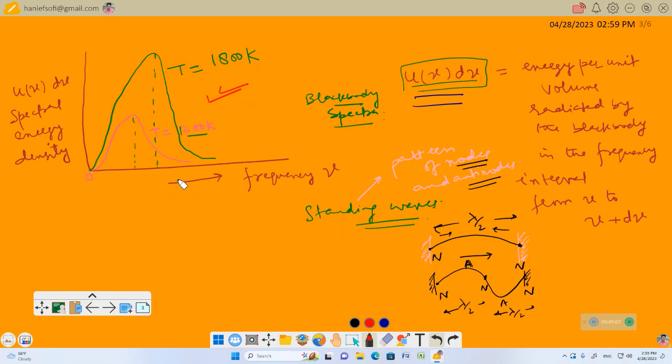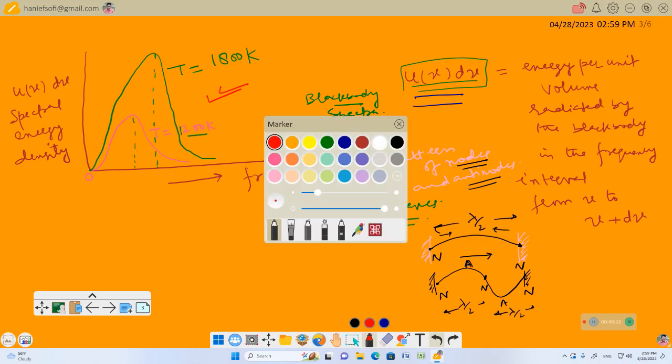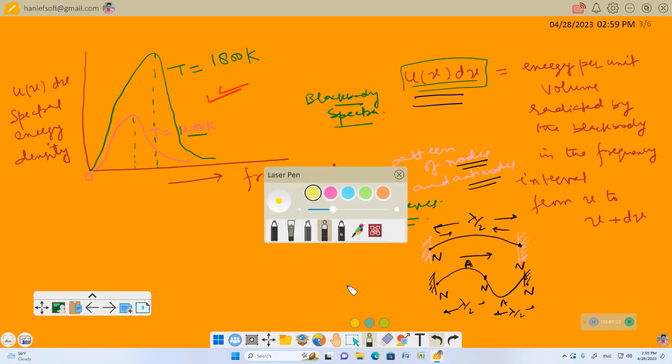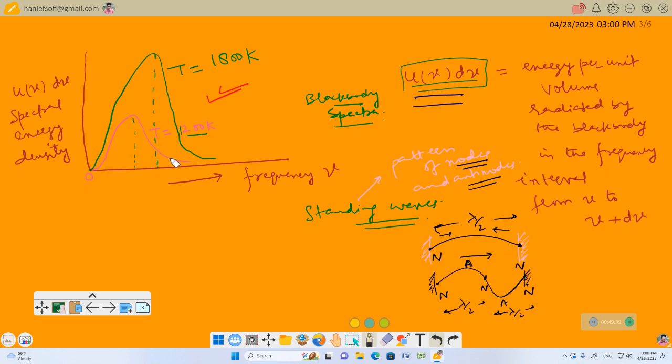In the graph, you can see first as nu increases, this spectral energy density increases, attains a maximum, then it goes down. Let me get this tool. So you can see first as frequency increases, spectral energy increases, then as nu increases, it decreases.